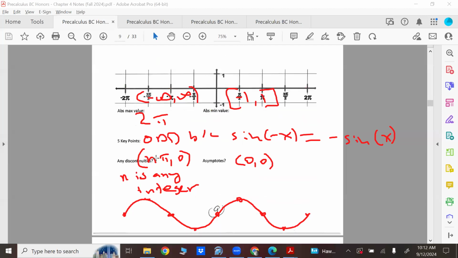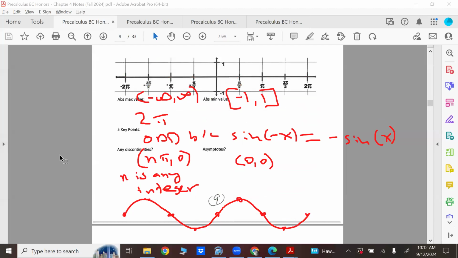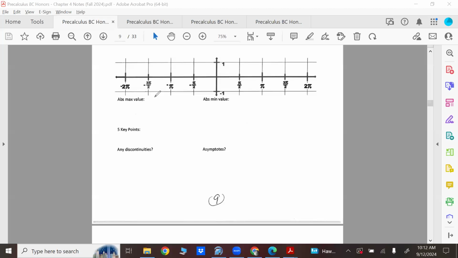Let's keep on moving. Absolute max and min. Absolute max value is 1. Absolute min value is -1. The 5 key points: (0, 0), (pi over 2, 1), (pi, 0), (3 pi over 2, -1), and finally (2 pi, 0). Remember, it's all unit circle stuff, right?